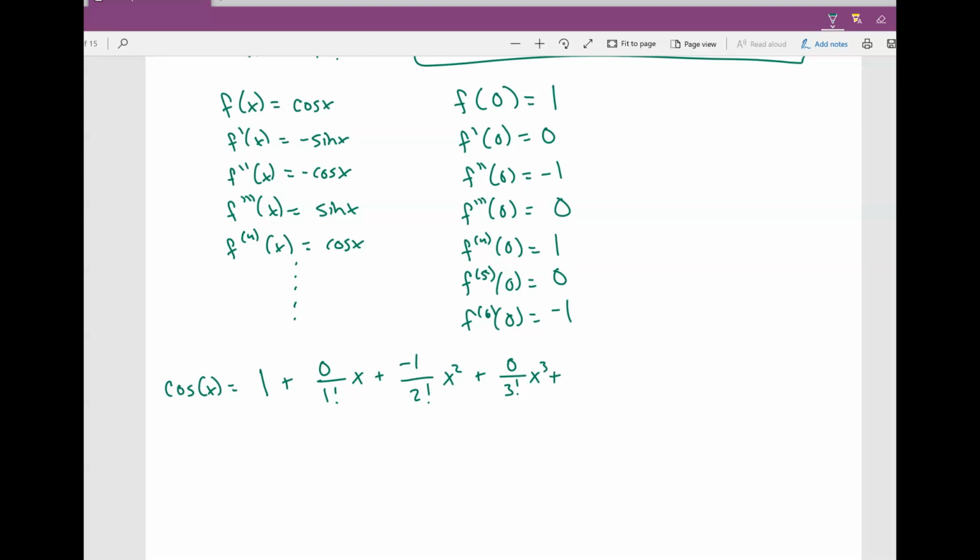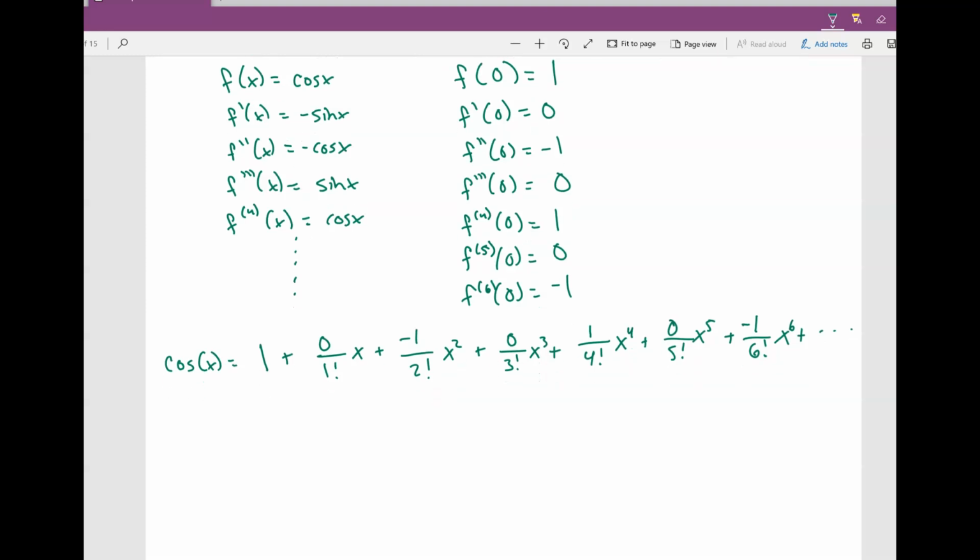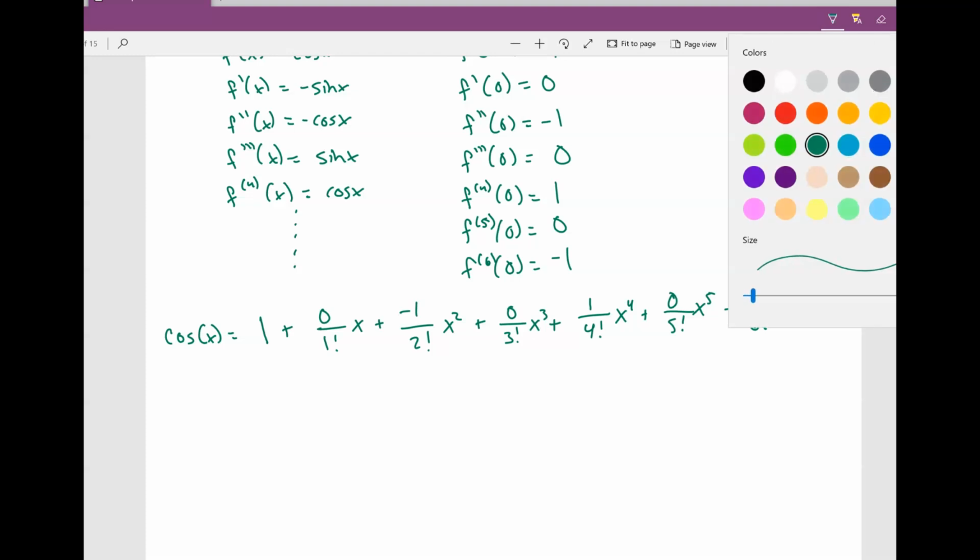Then the next one is going to be the fourth power. So we're going to have 1 over 4 factorial x to the fourth. Then we're going to have the fifth power, 0 over 5 factorial x to the fifth. And then to the sixth power, negative 1 over 6 factorial x to the sixth, and so on and so forth. Okay, now I did more terms so that you guys can see where the pattern is going to be.